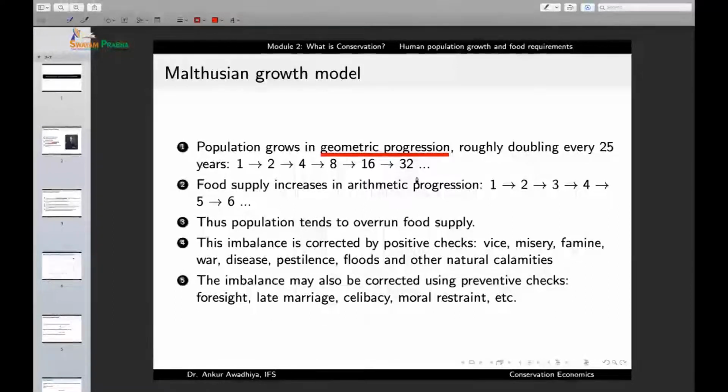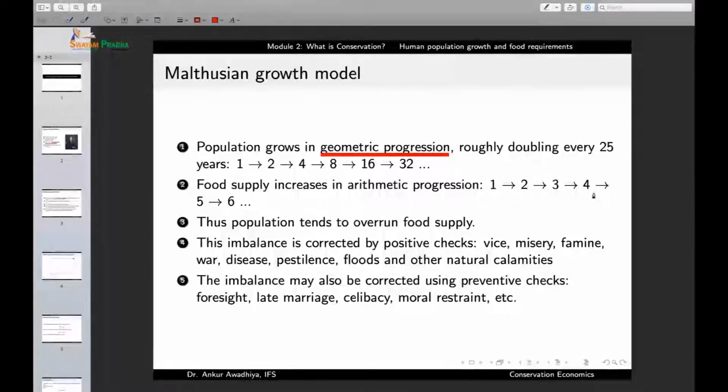On the other hand, he observed that the food supply increases in arithmetic progression. So in this year, suppose you have 10,000 tons of food. In the next 25 years, you will only increase it to 20,000 tons. In the next 25 years, you'll increase it to 30,000 tons. In the next 25 years, you'll increase it to 40,000 tons, and so on. So this is an arithmetic progression.